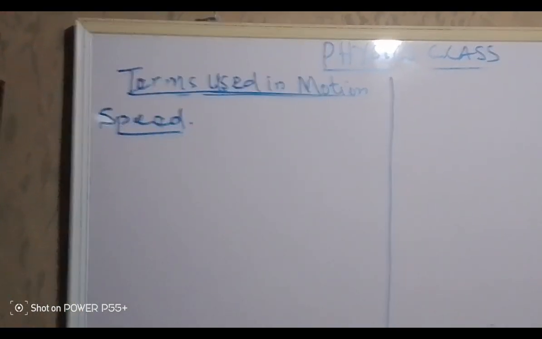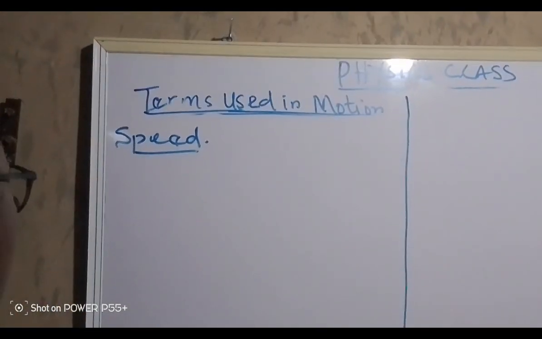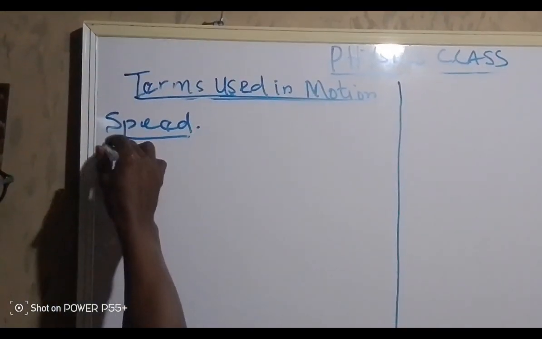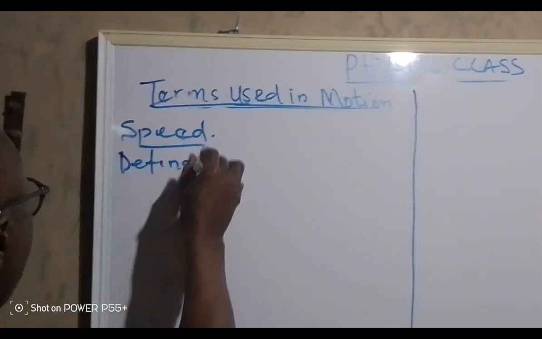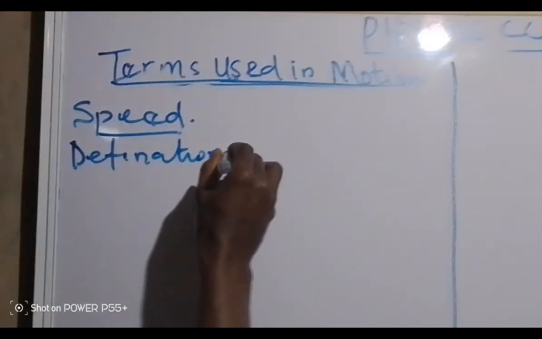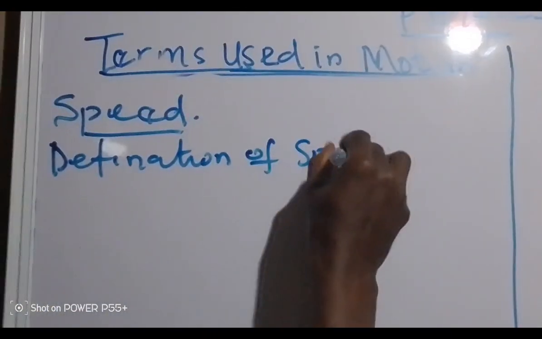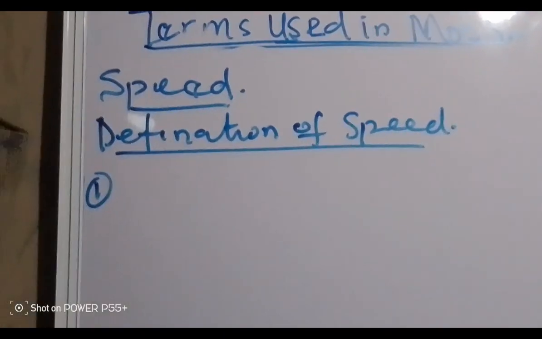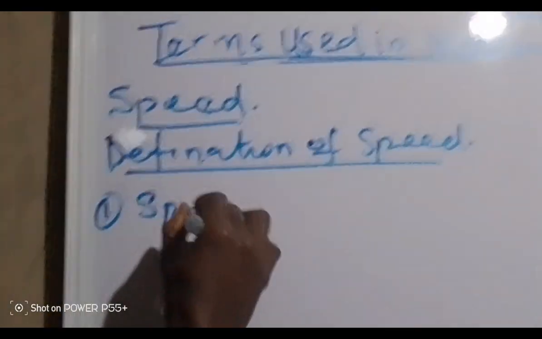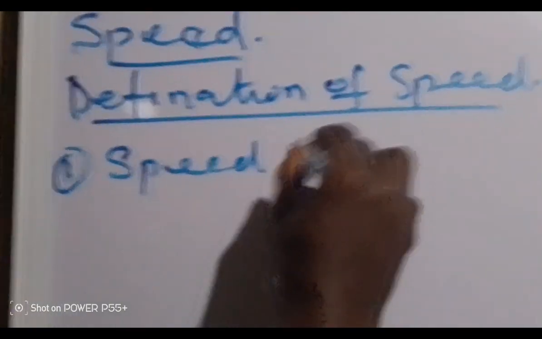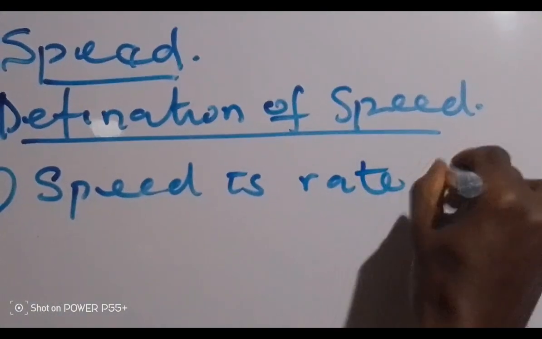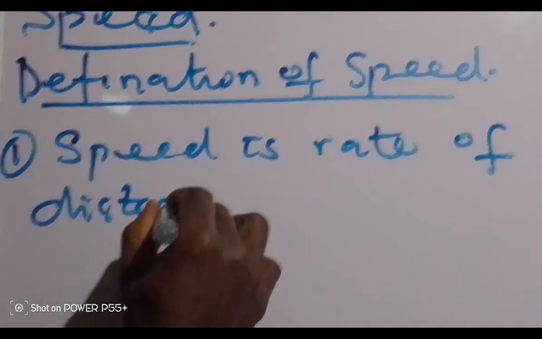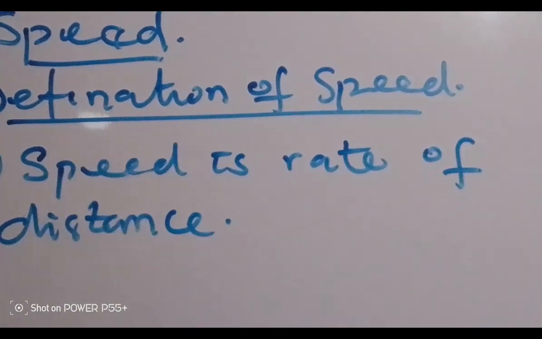Now, let's take another term. The next term we are going to take is speed. What is speed? Speed can have the following definitions. One, speed is the rate of distance.